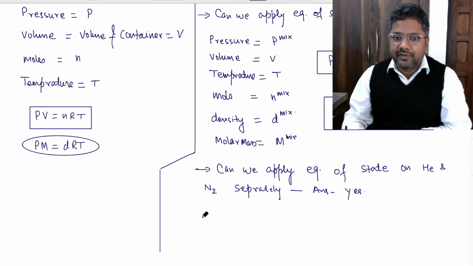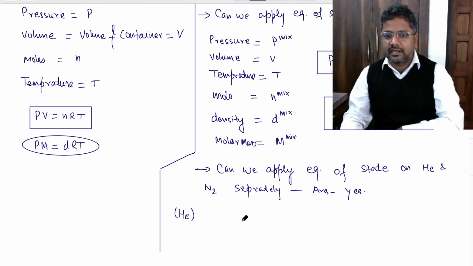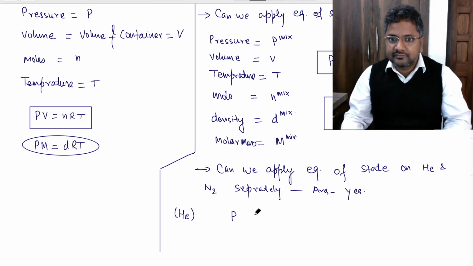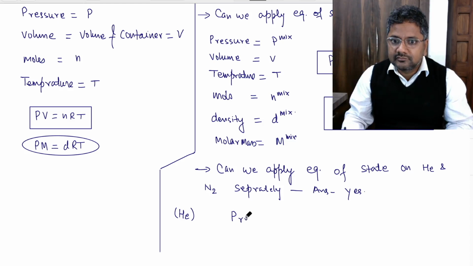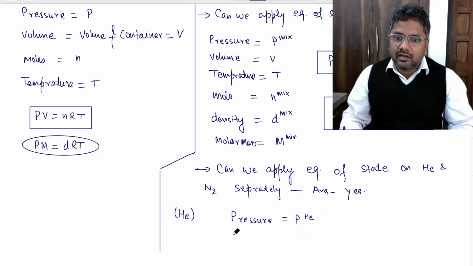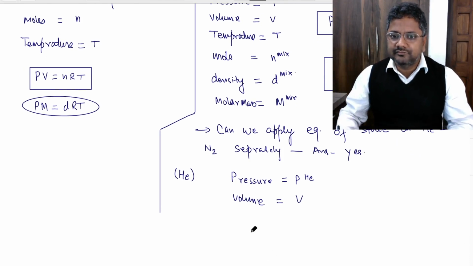Now see, when we apply it on helium, PV = nRT. This time the pressure is the pressure of helium, right? Volume is equal to V, simply the total volume.